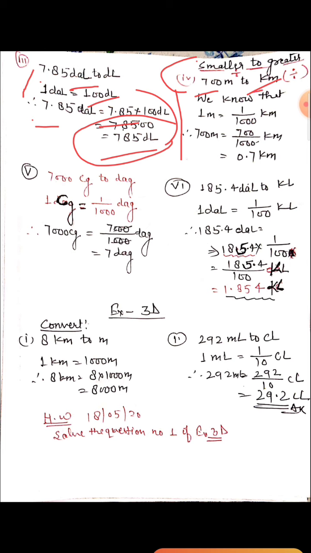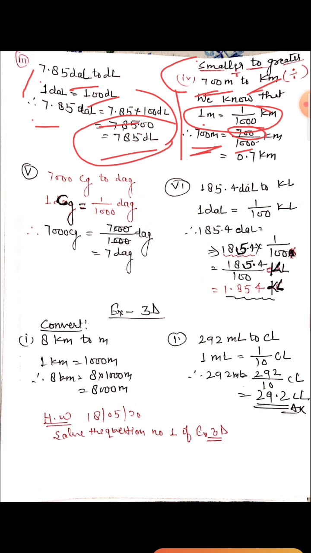How can we convert? Listen, meter is smaller than kilometer, so we convert by division, by dividing by 1000. We know that 1 meter is equal to 1 upon 1000 kilometers. So therefore 700 meter is equal to 700 upon 1000.